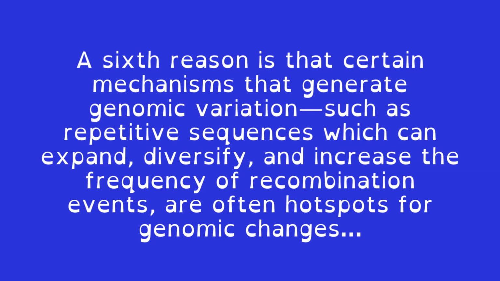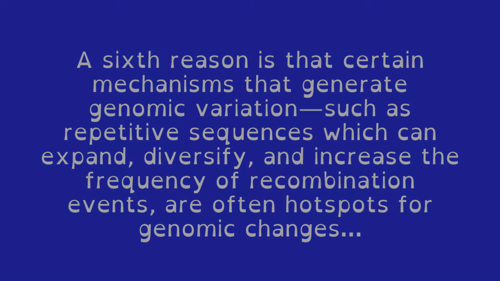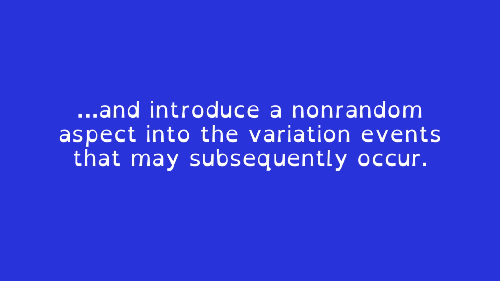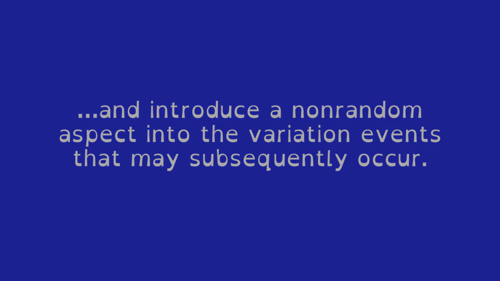A sixth reason is that certain mechanisms that generate genomic variation, such as repetitive sequences which can expand, diversify, and increase the frequency of recombination events, are often hotspots for genomic changes and introduce a non-random aspect into the variation events that may subsequently occur.